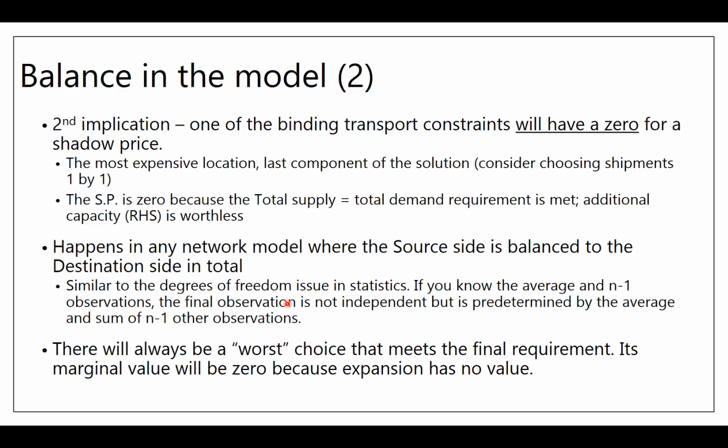There's no getting around the fact that their height is exactly equal to whatever the remaining component is in the average. That's why you lose that degree of freedom on the last constraint: total supply equals total demand takes over towards the end of the problem, and you just have to fill out the total demand versus total supply.